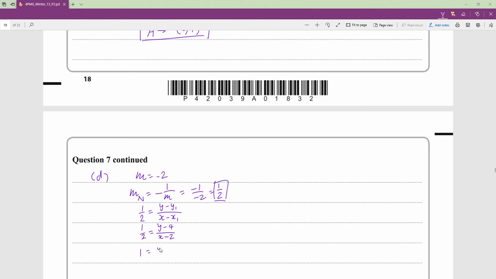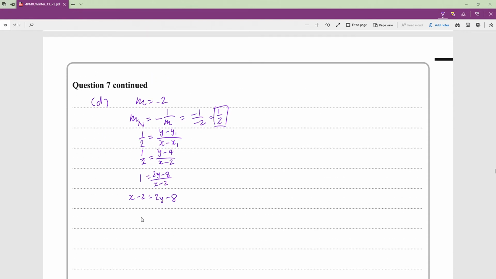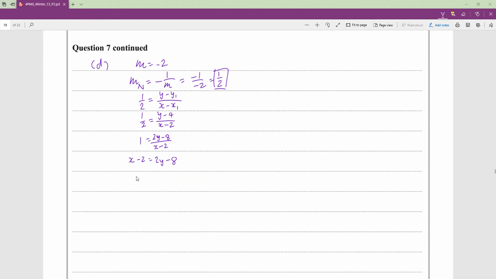we get 1 is equal to 2y minus 8 over x minus 2, and then multiply both sides by x minus 2, you get x minus 2 is 2y minus 8. And fancy that, this is already an integer coefficient. We can move everything to one side, and we get 2y minus 6 minus x.